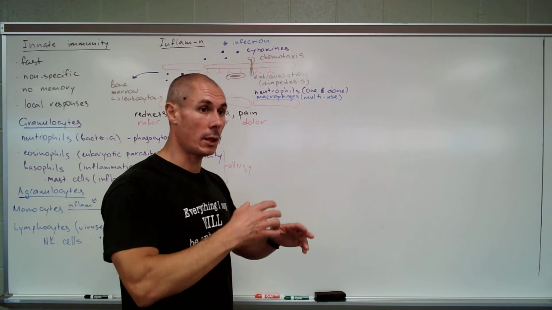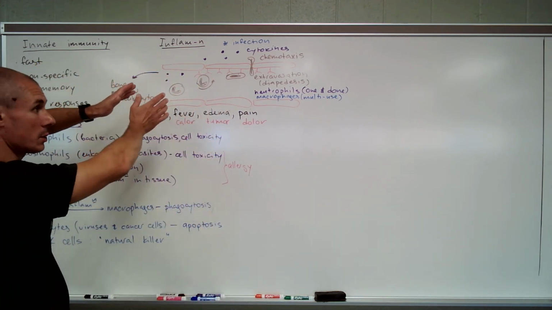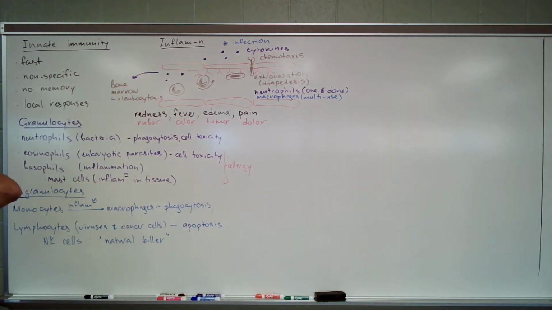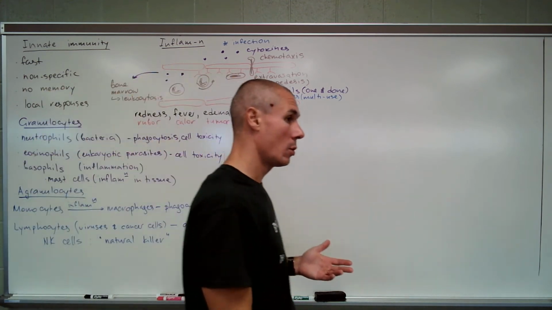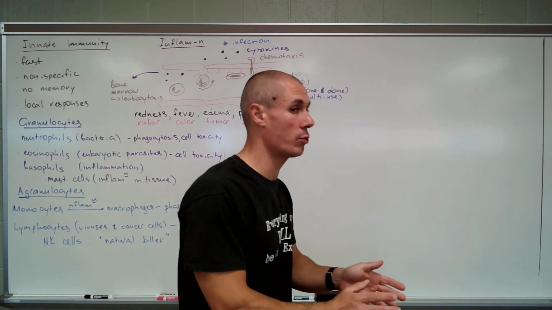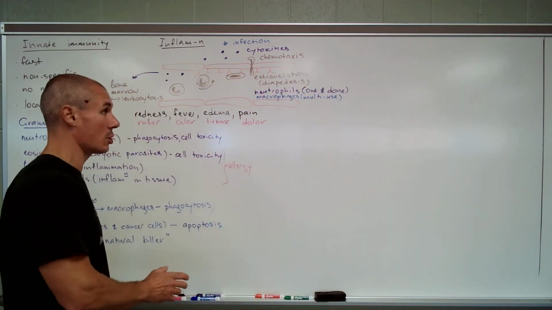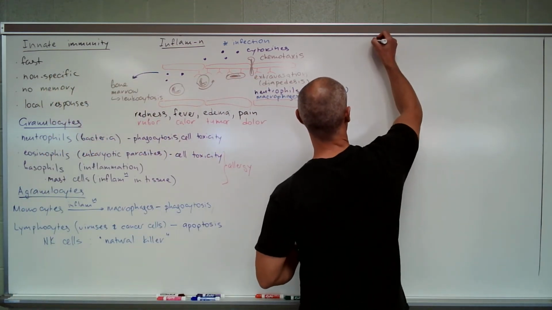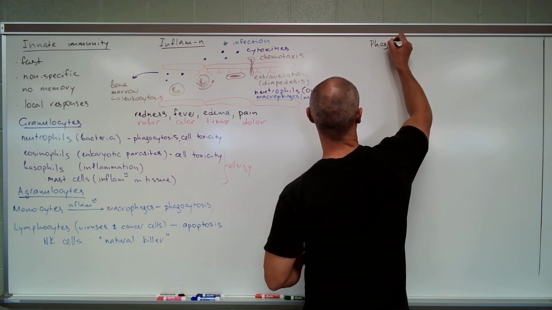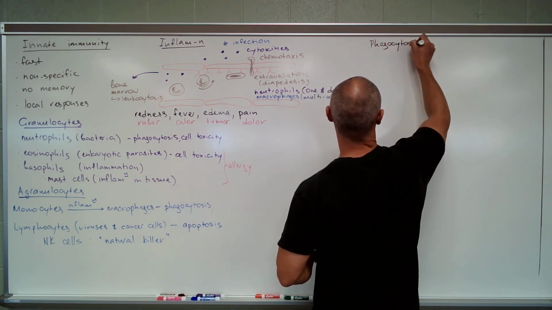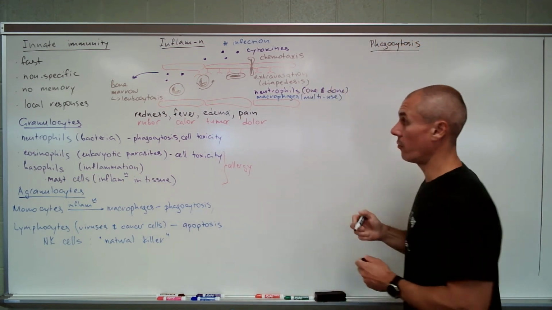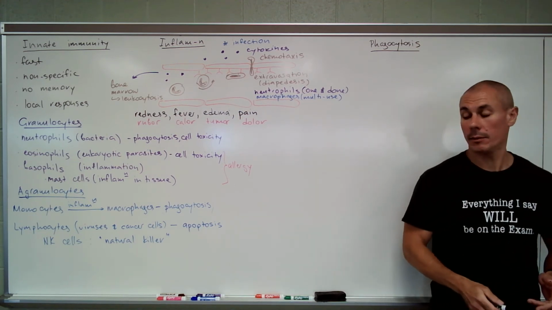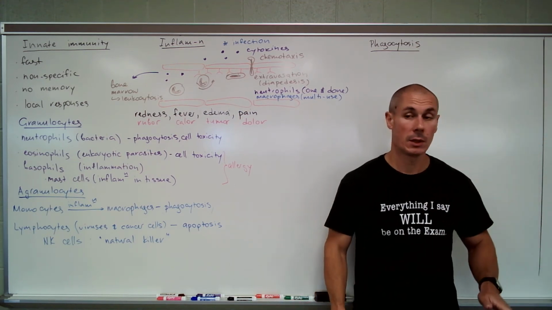So we're going to transition from this to another innate mechanism, which is phagocytosis, which is ridiculously simple. And I'm going to just lay it out in steps. I'm not going to draw a picture. So for phagocytosis, I've already mentioned, again, a little digression.